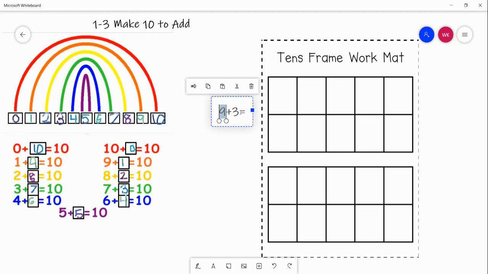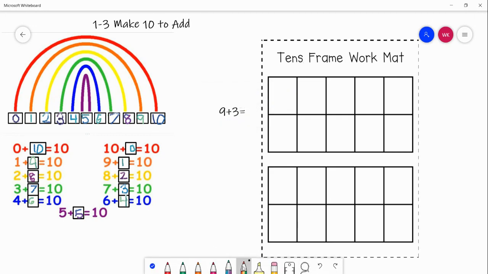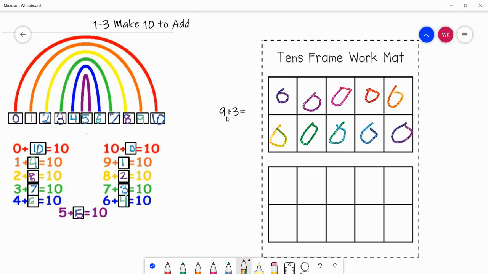So we are going to take 1 from the 3 and give it to the 9 to make 10. 1, 2, 3, 4, 5, 6, 7, 8, 9, 10. So we just took 1 from the 3, because remember, 9 plus 1 equals 10.